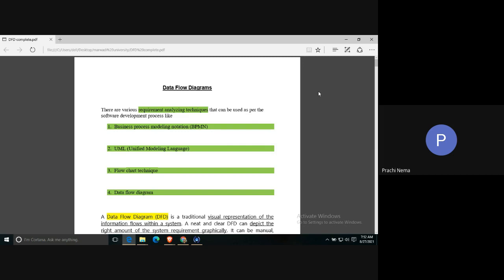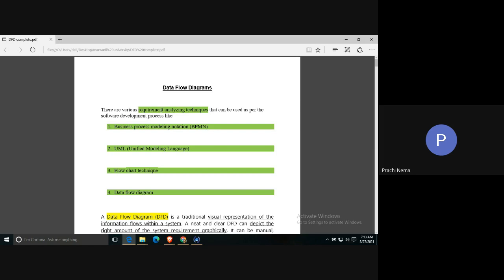In software development life cycle, there are two phases: analysis phase and synthesis phase. In the analysis phase, DFDs can be used. I would repeat, in that there are two categories of phases: analysis and synthesis. Analysis is the first phase, and in that first phase itself, you can draw a DFD.